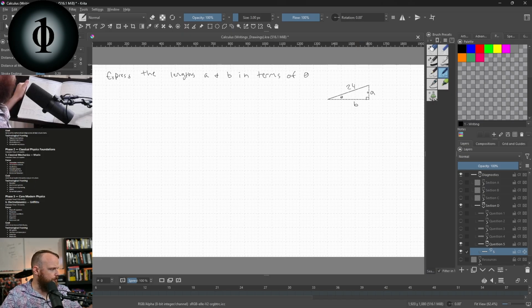So how can I use the sides? We've got the law of sines. Oh no, we could just use regular old SOH CAH TOA. Yeah, that's what we'll use.